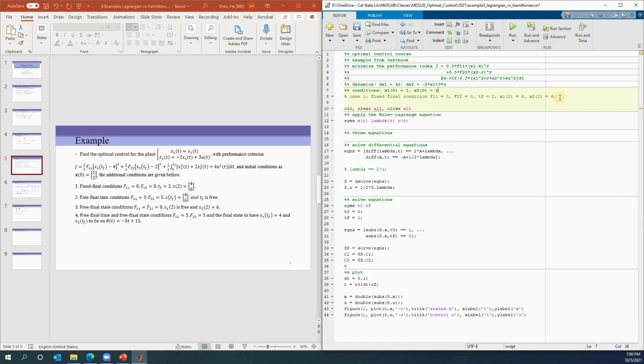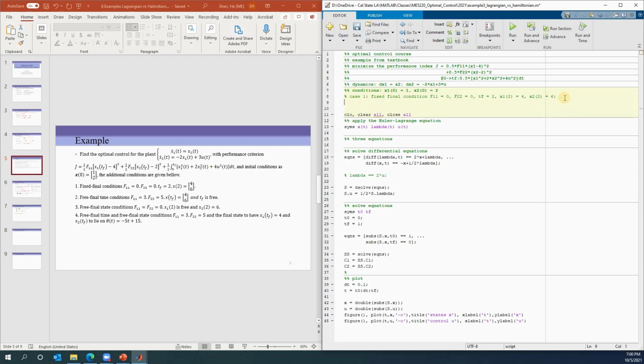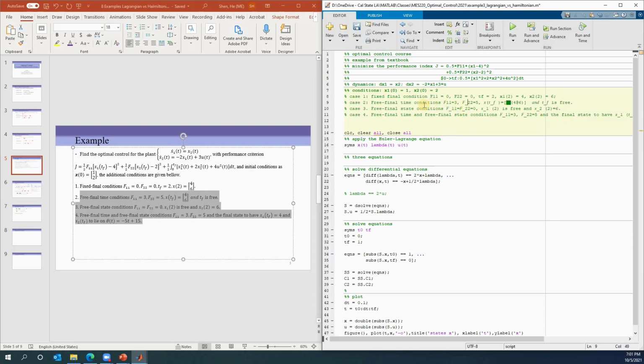So right now we only look at case 1. There are additional cases. The second case, we have f11 is equal to 3, and f22 is equal to 5, and x of tf is equal to 4, 6, and tf is free. The case 3 is a free final state condition. f11 is equal to f22 is equal to 0, and x1 of tf is free, and x2 of tf is equal to 6.